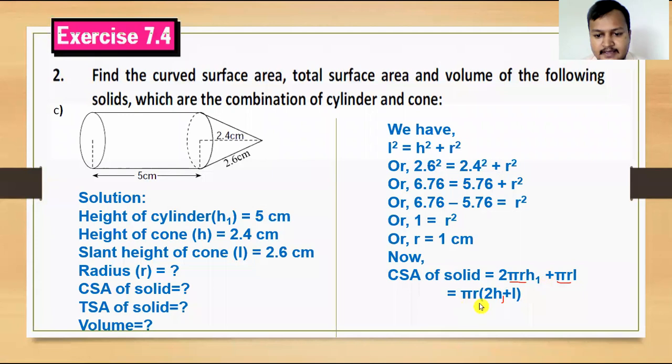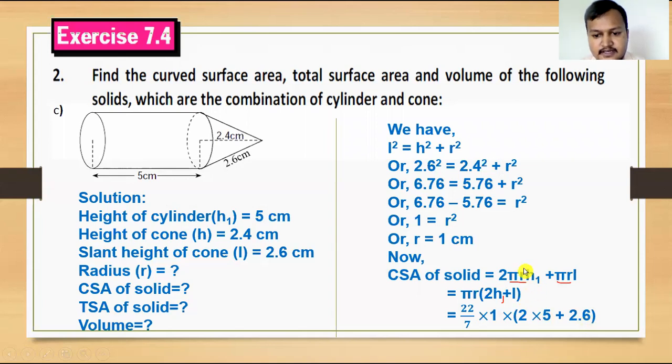Now put the values of pi, r, h1 as well as L. Value of pi is 22/7. Value of radius we have just calculated, it is 1, and inside the bracket 2 into h1, which is 5, plus 2.6.